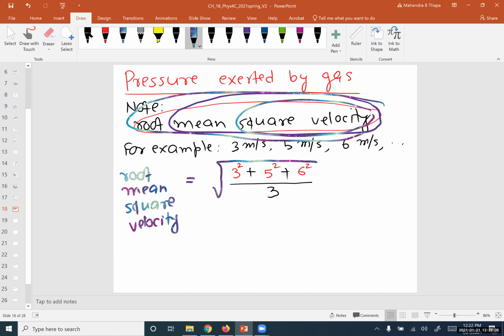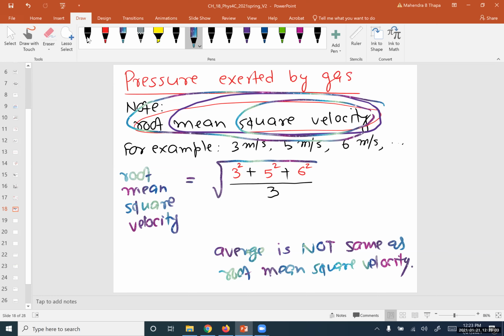But be careful, average is not the same as root mean square velocity. You see here, they're different, though the value could be close.